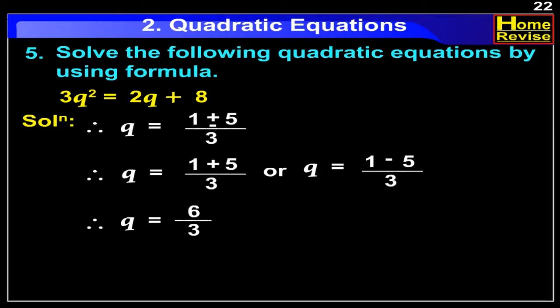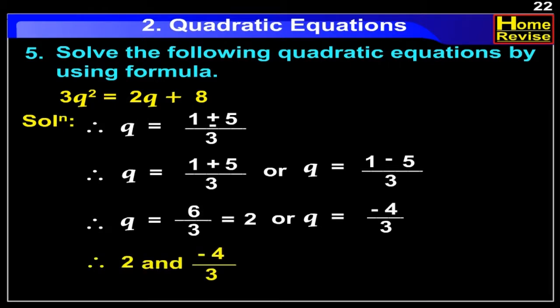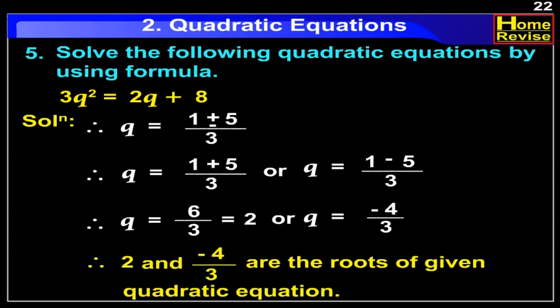Therefore, q = 6/3 = 2, or q = -4/3. Therefore, 2 and -4/3 are the roots of the given quadratic equation.